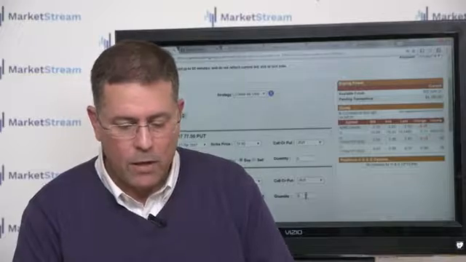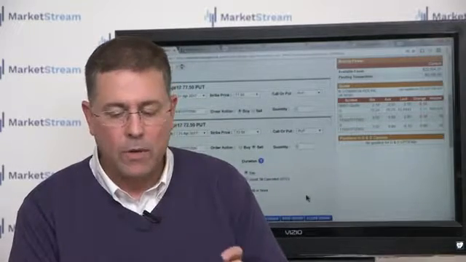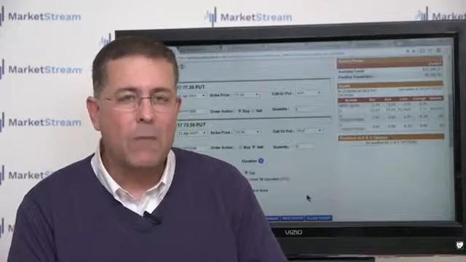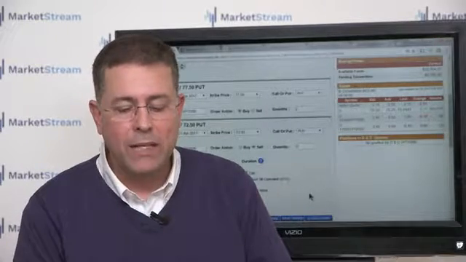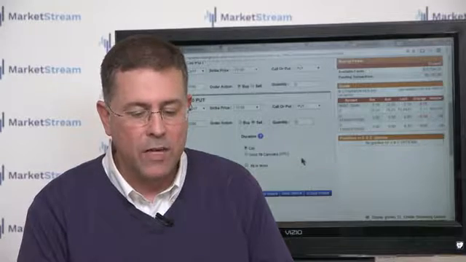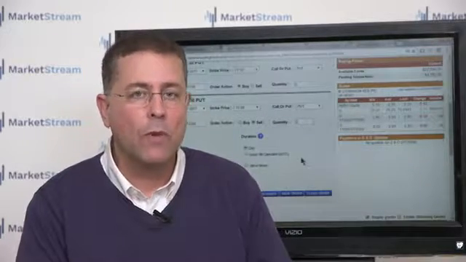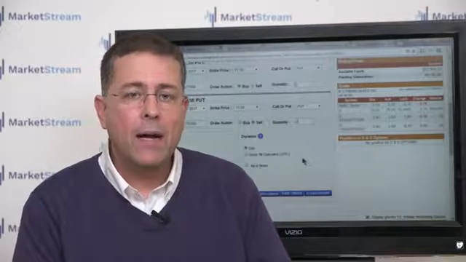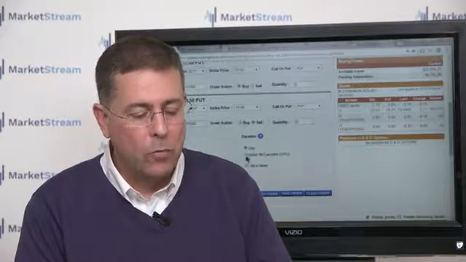My capital risk, I like to do this for right around 5% of the total capital available in the account. I have over 22,000 that's available right now, and the account value is over 27,000. So this fits well within my capital deployment rules.